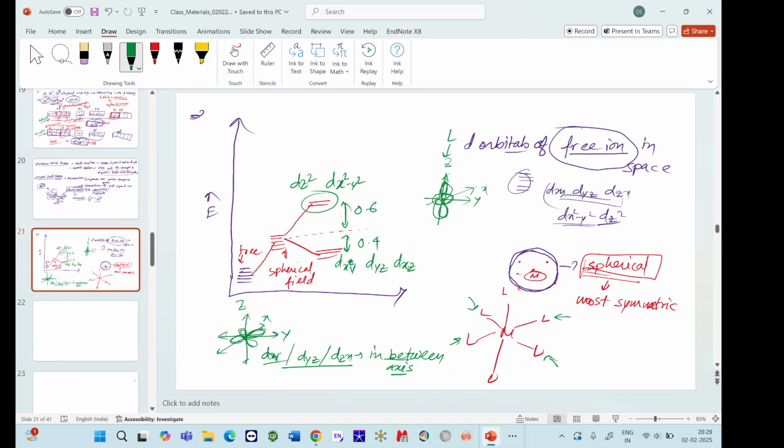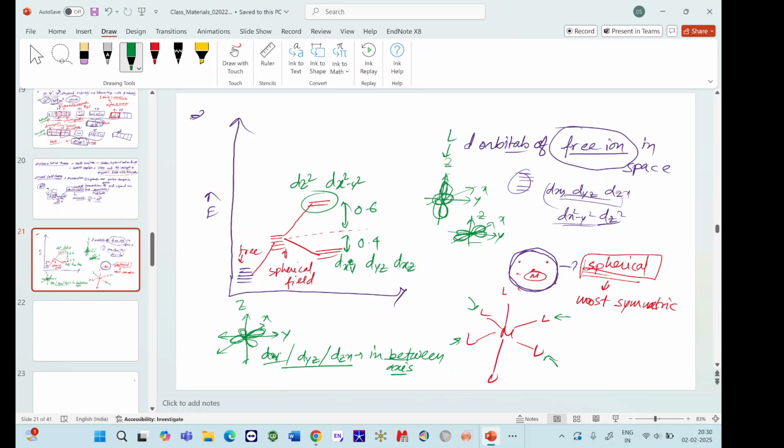That is why dz square gets high in energy. Then dx square minus y square is like this. Suppose this is x, this is y. It will be along the axis. That is why this orbital also faces too much repulsion, and it goes higher in energy.